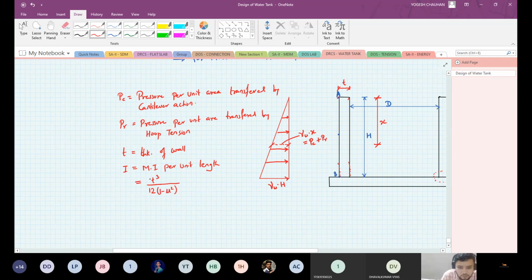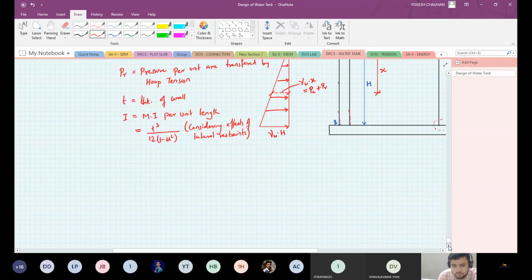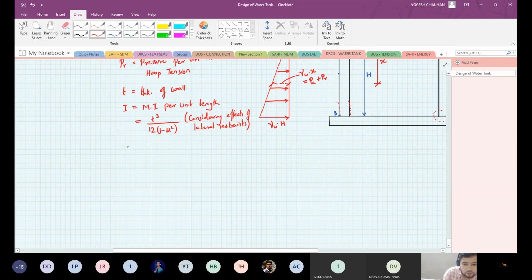Here, for per unit length, we remember it is b t cube by 12, but per unit length it is t cube by 12, and this term accounts for the effect of lateral deformation or lateral strains. Mu is the Poisson's ratio.